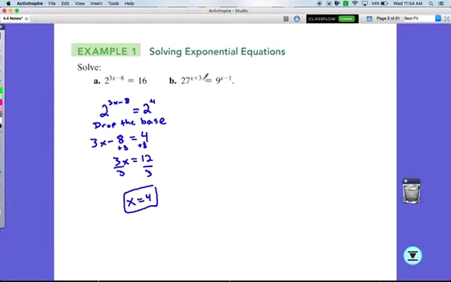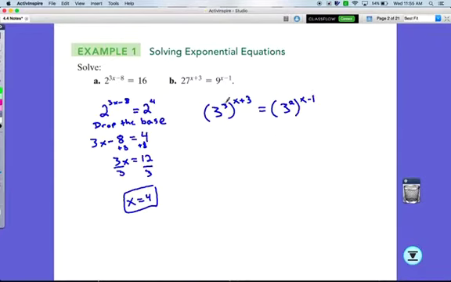Alright, for b, I've got two exponentials. They have different bases, but they're both powers of 3. So I could rewrite 27 as 3 to the 3rd raised to the x plus 3. And I can rewrite 9 as 3 squared to the x minus 1.